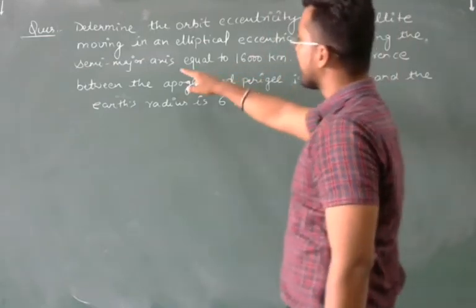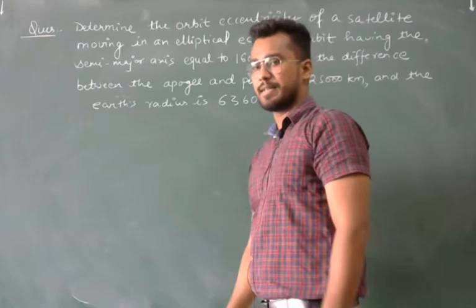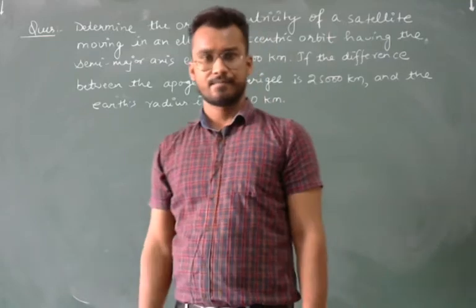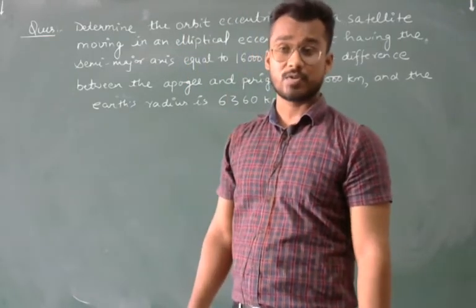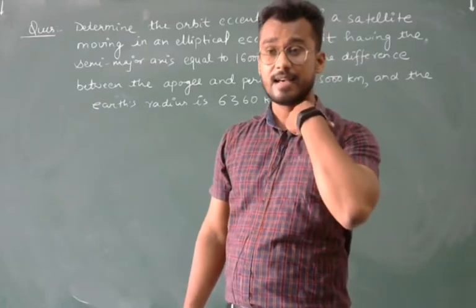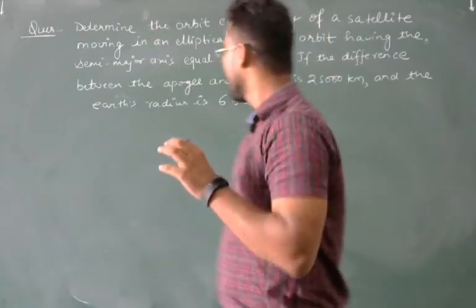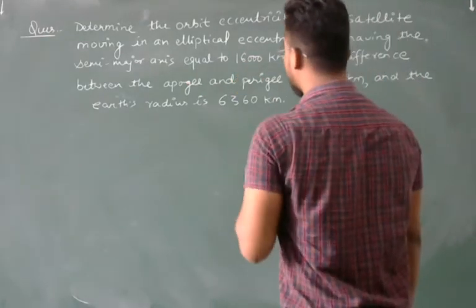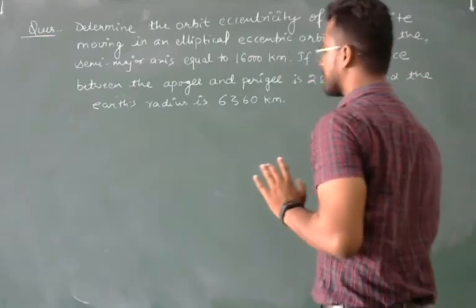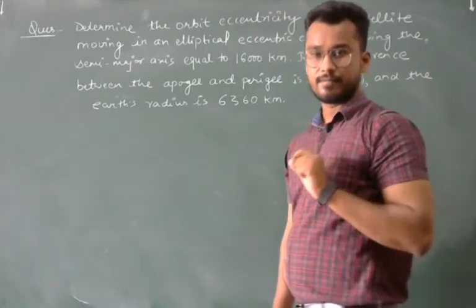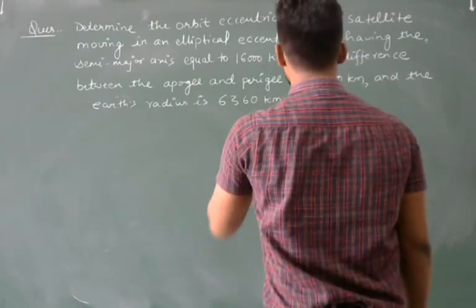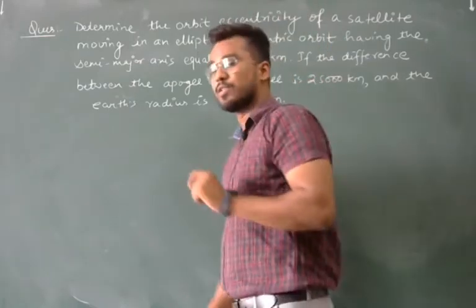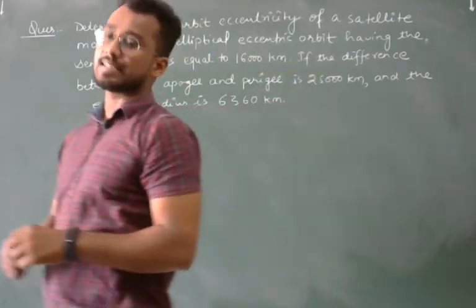So, having the semi-major axis equal to 16,000 kilometer. Semi-major axis is given as 16,000 kilometer. In our previous discussion, I also told you the representation for semi-major axis and semi-minor axis. And if the difference between the apogee and perigee is 25,000 kilometer, and the Earth radius is given as 6360 kilometer, that means the radius is given to you.